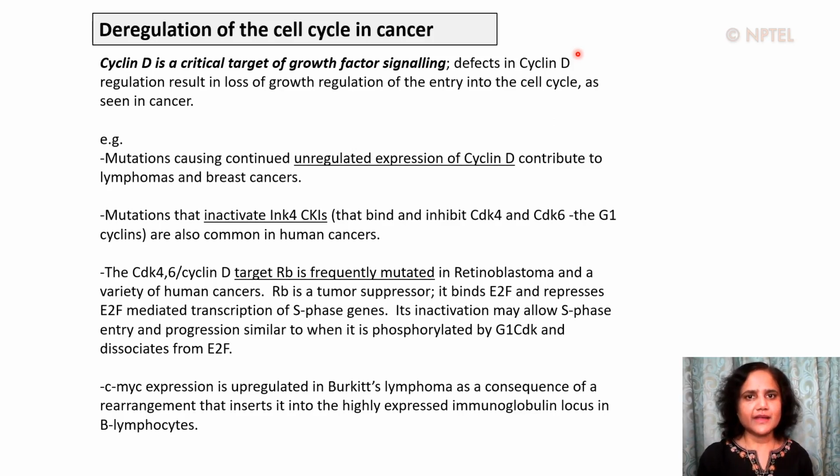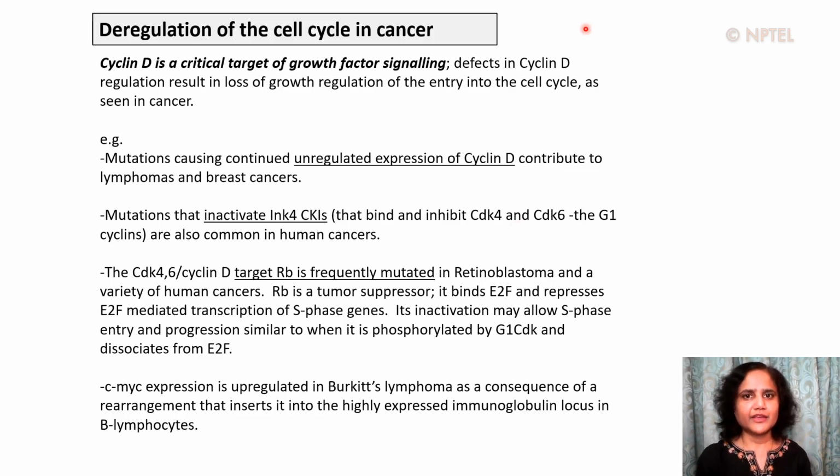And mutations that inactivate INK4, which is the CKI that binds and inhibits CDK4 and 6, the G1 cyclins, are also quite common in human cancers.